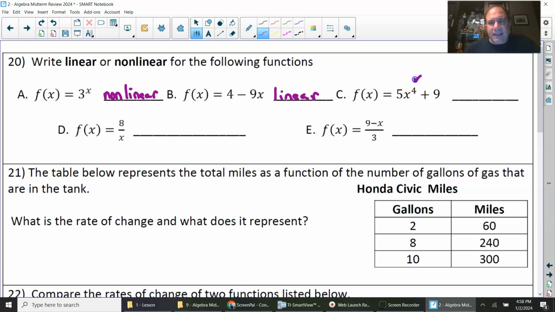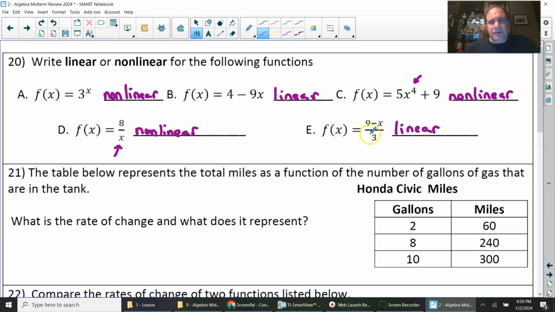You cannot have the exponent next to the variable, so this is nonlinear. You can't have the variable as the denominator, so this is nonlinear. If you ever get confused, just go ahead and graph it in your graphing calculator.